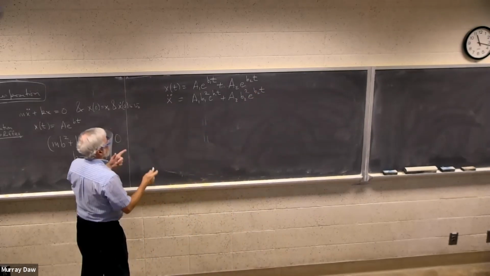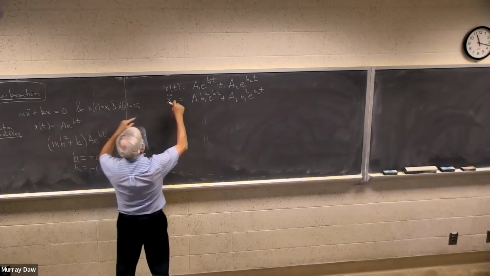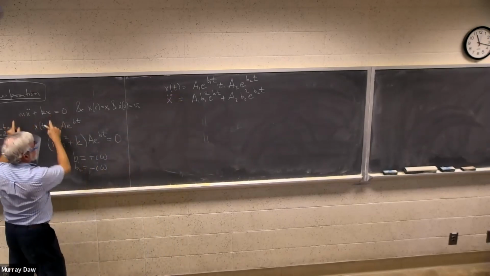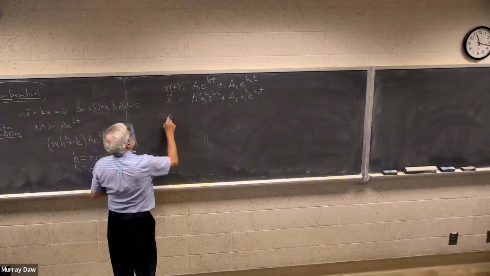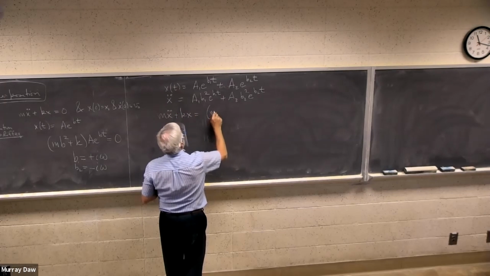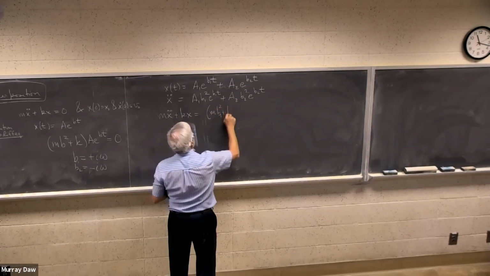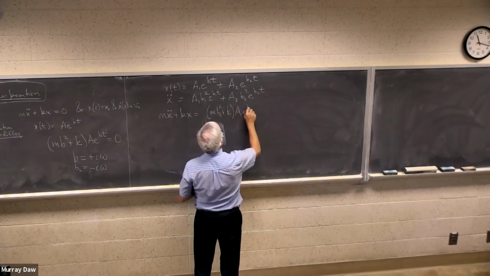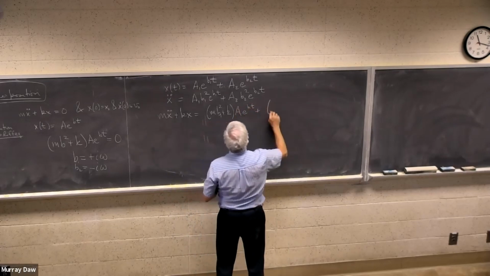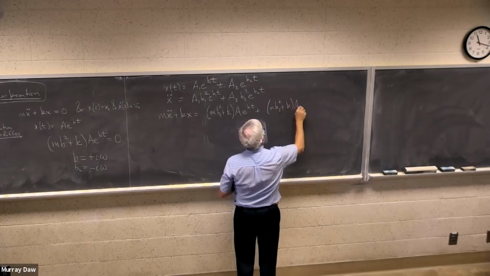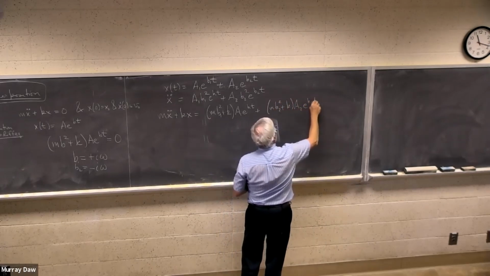Okay, and so now if I substitute these two into this equation, I get two terms. I get m b1 squared plus k times A1 e to the b1 t, plus m b2 squared plus k times A2 e to the b2 t.